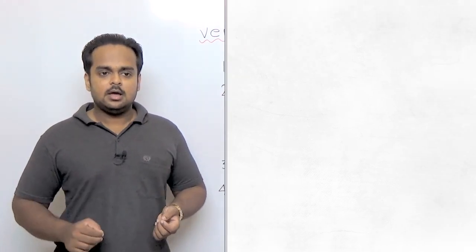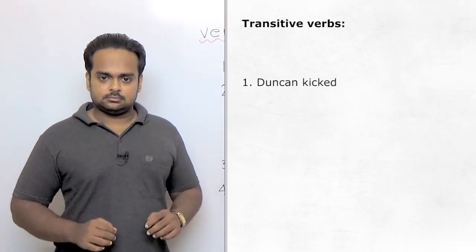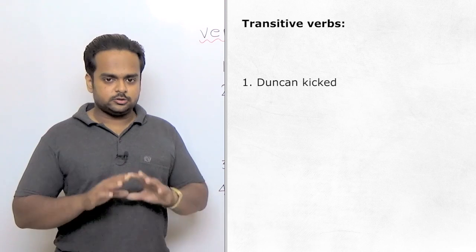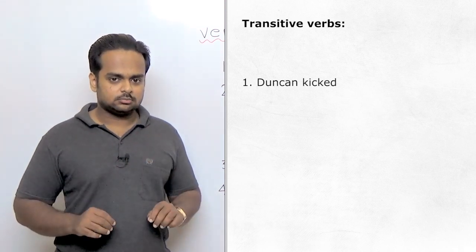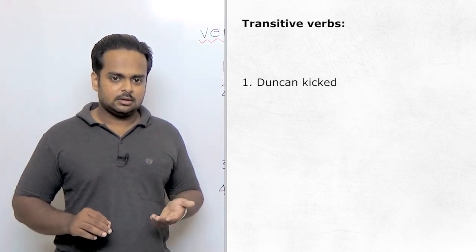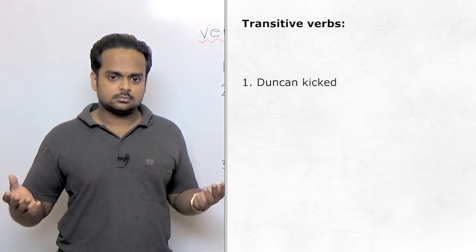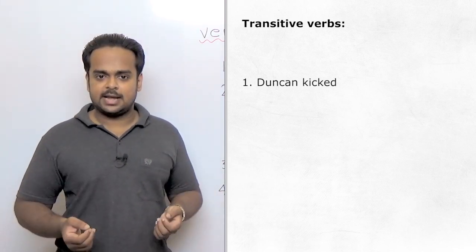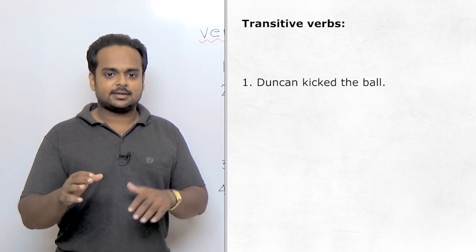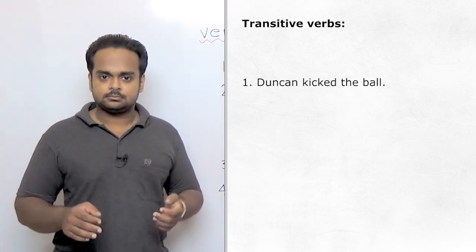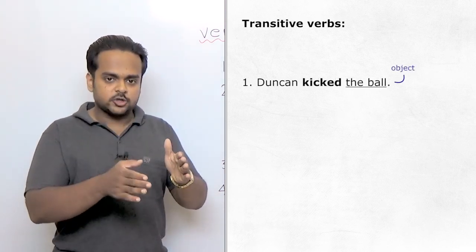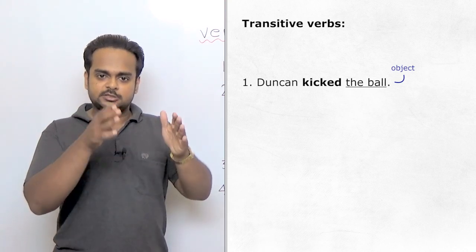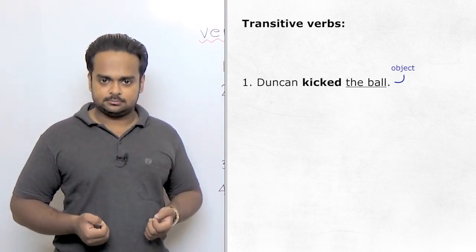Now, if I said, "Duncan kicked," does that sound a little wrong? Because you might ask me, "Duncan kicked what?" And I would have to say something like, "Oh, sorry, Duncan kicked the ball," for example. The ball is the object of the verb kick because the ball receives the kick.